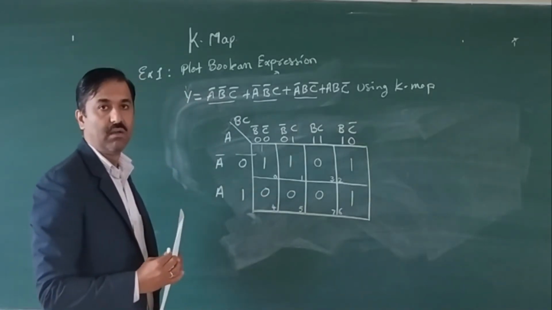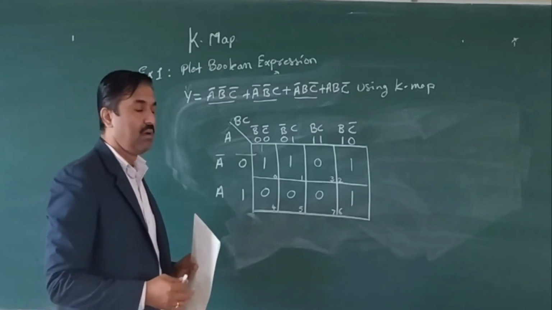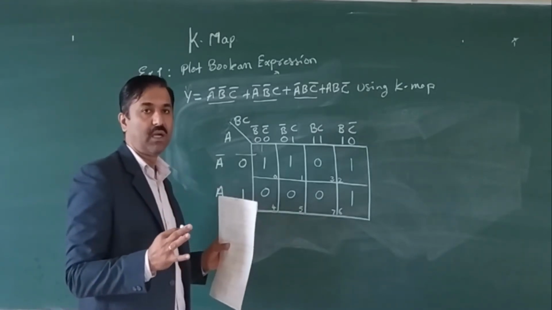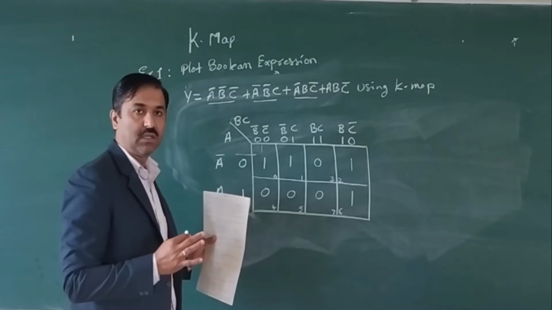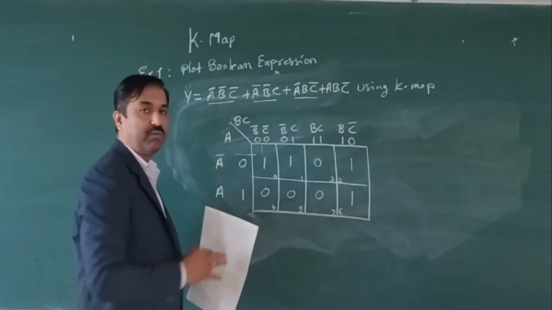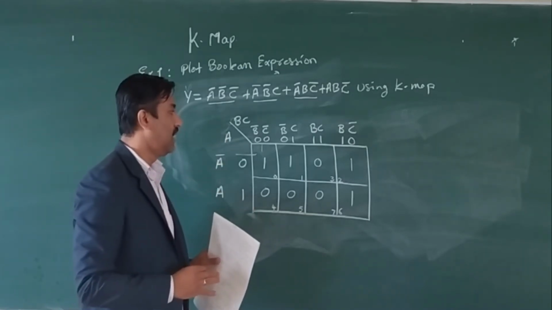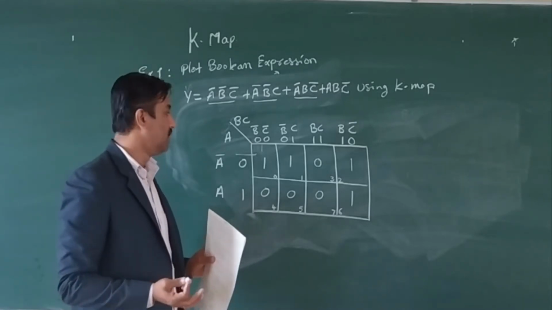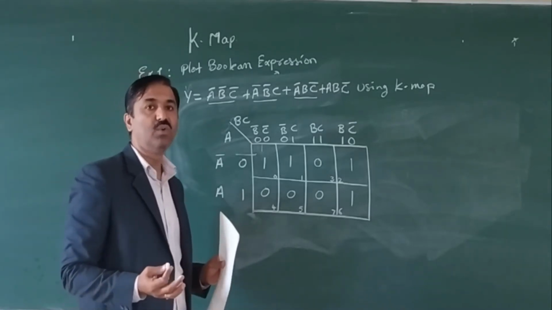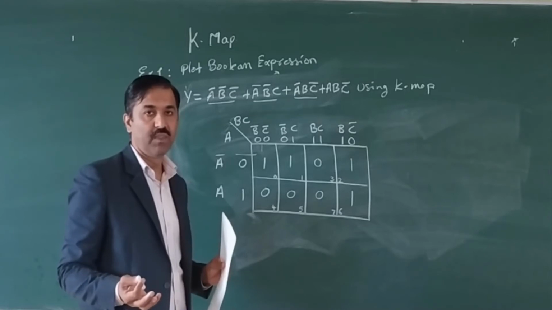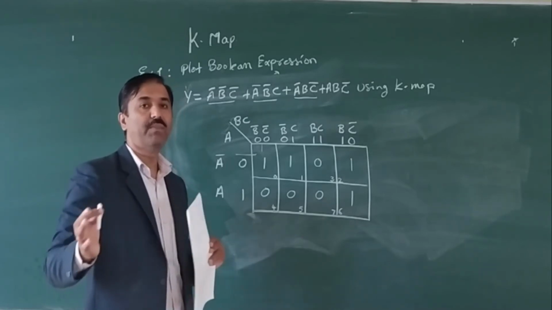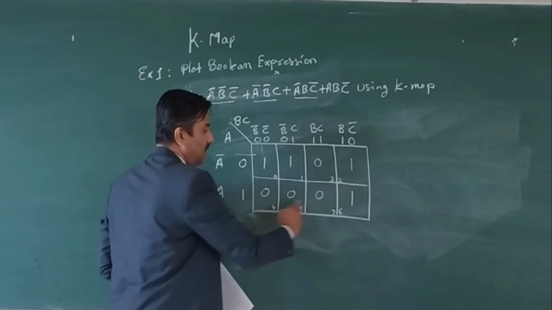Now the second procedure: once all the ones are represented in the cells which are part of my Boolean expression, then pairing. Is it possible to group 4 ones or 8 ones? Go for maximum grouping. Do all the cells have ones?